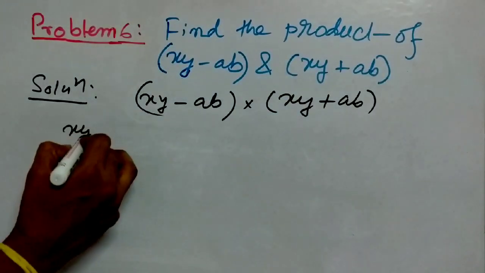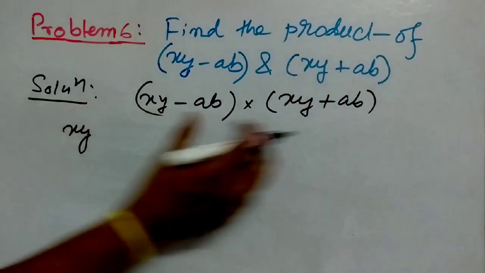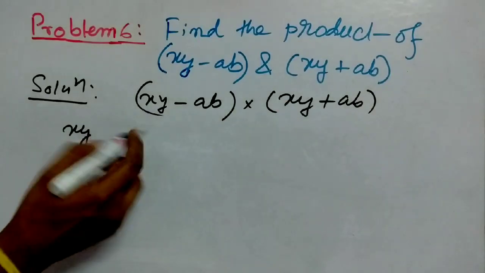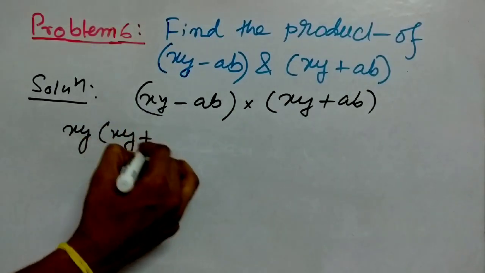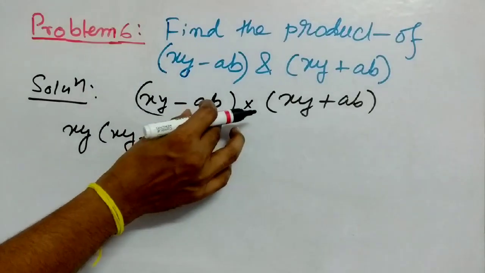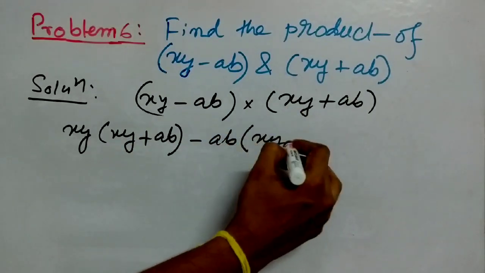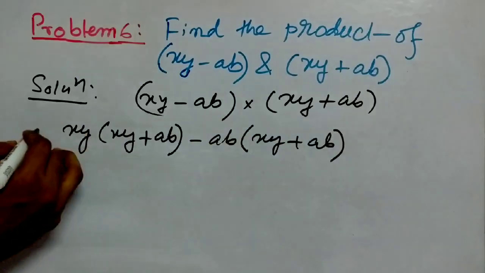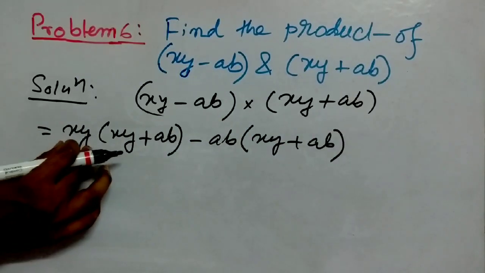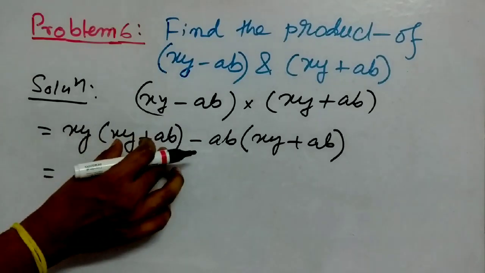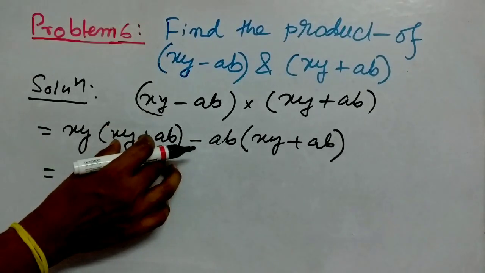So xy, this xy has come here and this total binomial will come here. So xy plus ab, and it is minus ab, so write minus ab and xy plus ab. Okay. Now this xy will be multiplied with each term in this bracket.